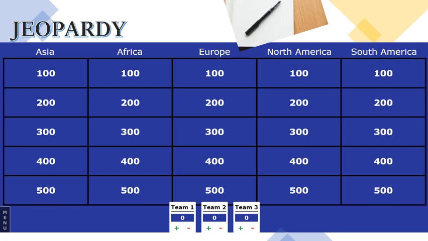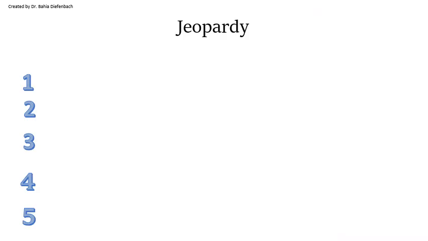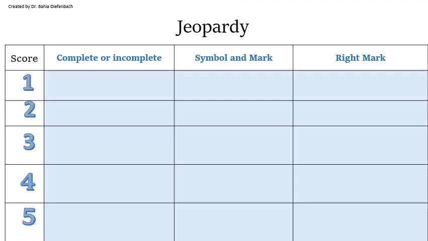In other words, you have to figure out the question based on the clue. So here's my variation of the Jeopardy game. For every correct answer you get the corresponding score. So get your paper and pencil ready, and let's start playing.